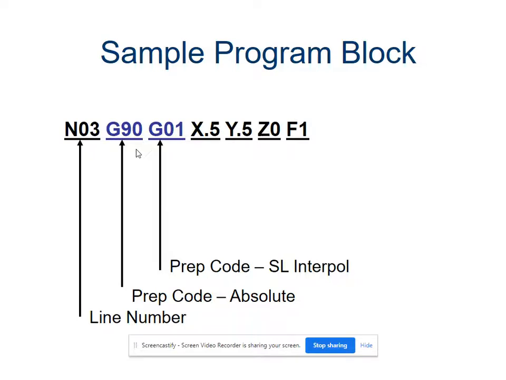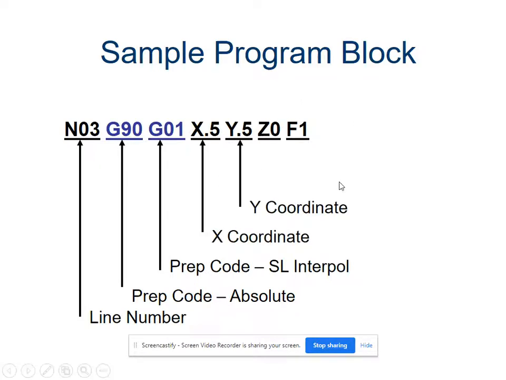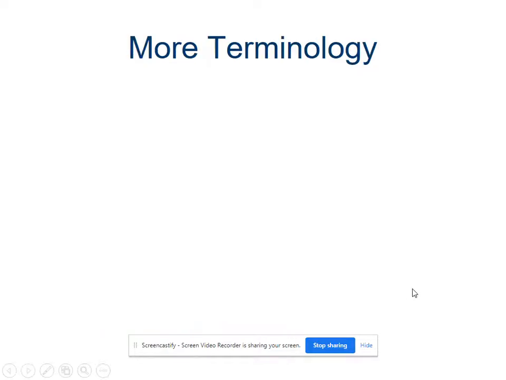So once you do the G90 one time at the beginning of the program, you don't have to repeat that ever, okay? The other code, G01, you might have to, if you change to doing an arc, which we'll look at in this PowerPoint, you'll see that done. So then you might have to come back with a G1. But anyways, all right, so here's our X coordinate, here's our Y coordinate, there's our Z, and there is our feed rate.